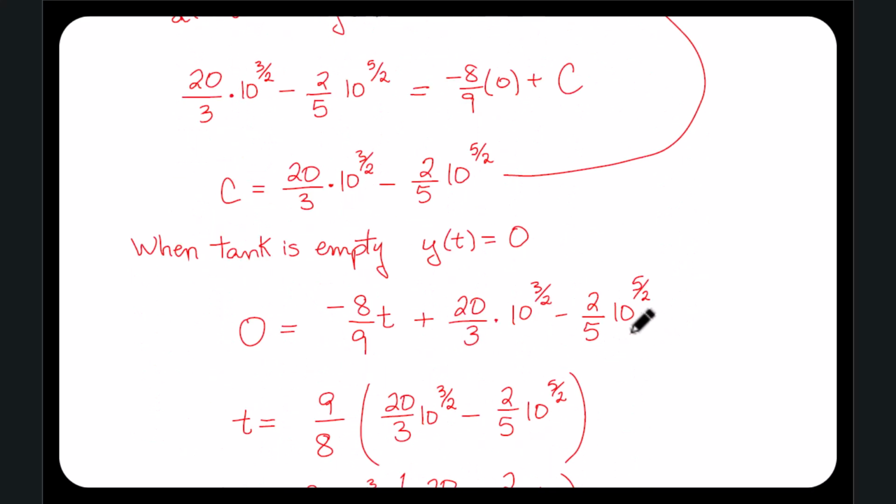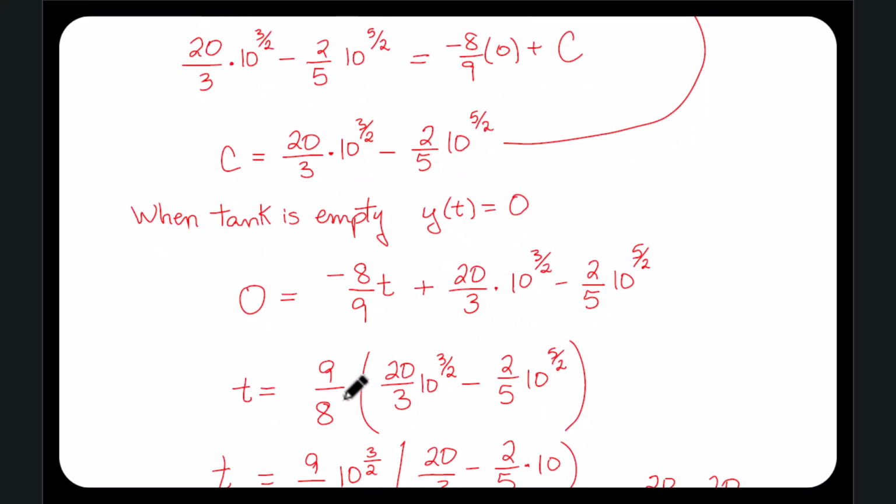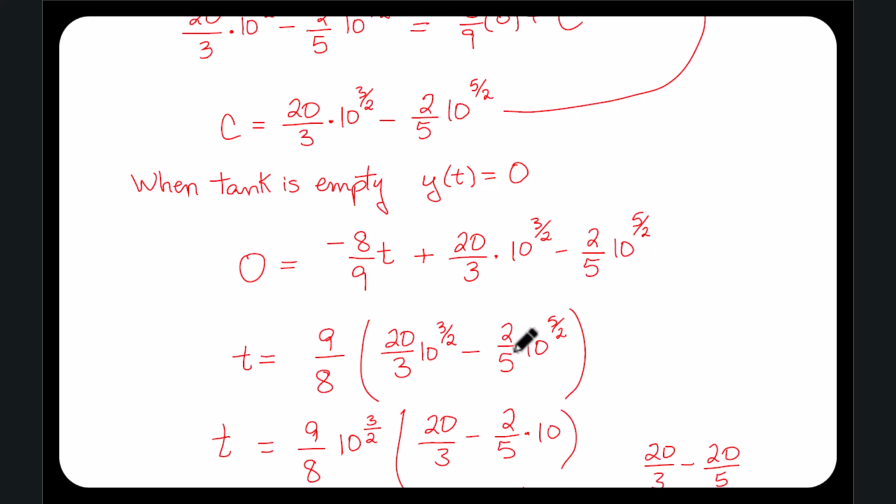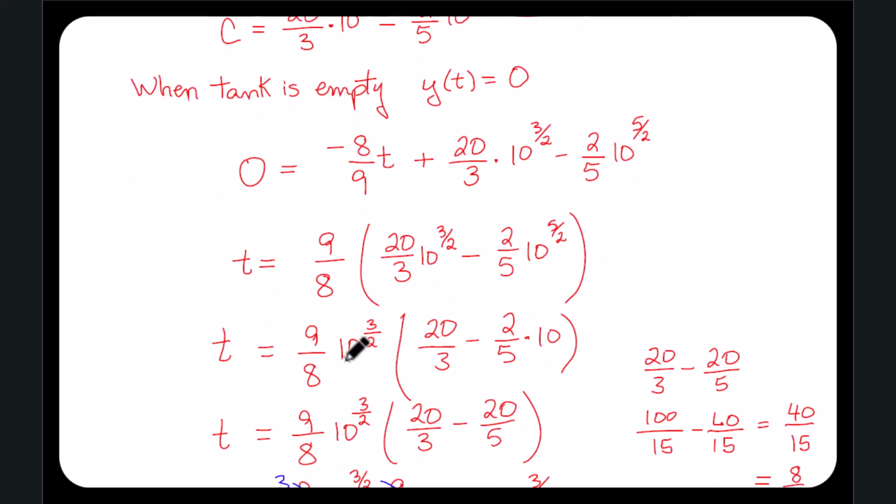All right, so we get this nice ugly formula with some algebra. And if you isolate the t, it's going to become positive when I go to the left. Multiply by 9/8 to clear the fraction. We get our formula for t. And so I took out a 10 to the 3/2 because I didn't really want to grind through this.